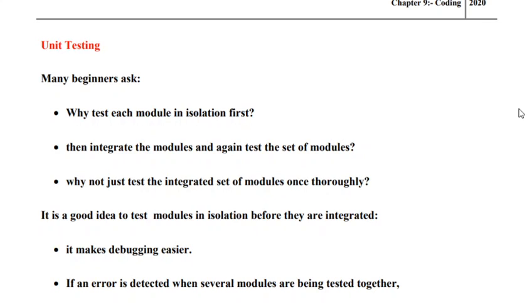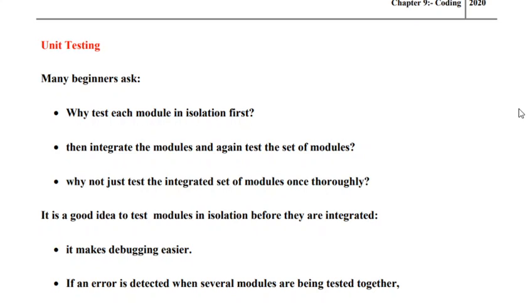So localization of error becomes very easy whenever you go for unit testing, rather than trying to localize error in a set of modules. That implies that debugging becomes very easy in a situation where the search space for the error is minimized. So that is the objective of unit testing.